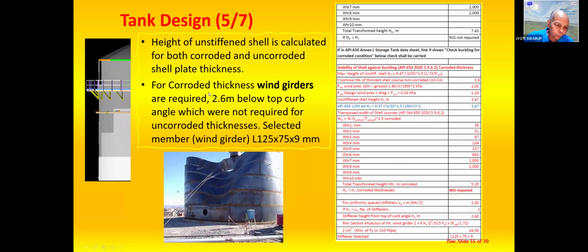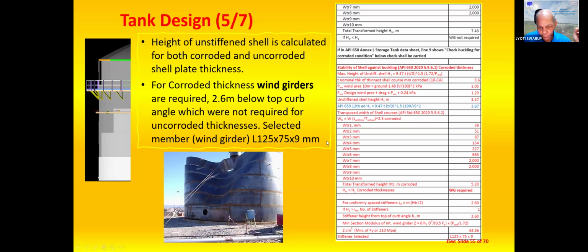So the design of wind girders is extremely important for the integrity of the tanks. In this calculation, what we found is wind girders are required 2.6 meters below the top curb angle, which was not required for the uncorroded thickness, and the selected wind girder member size was an L-shaped angle 125 by 75 by 9 millimeters.